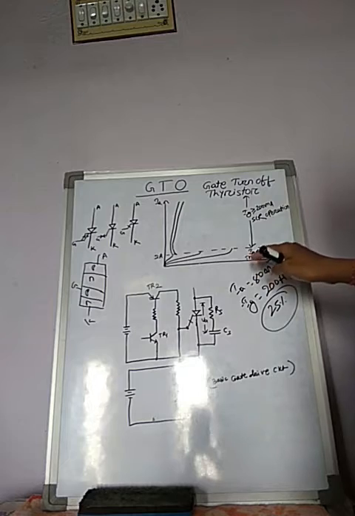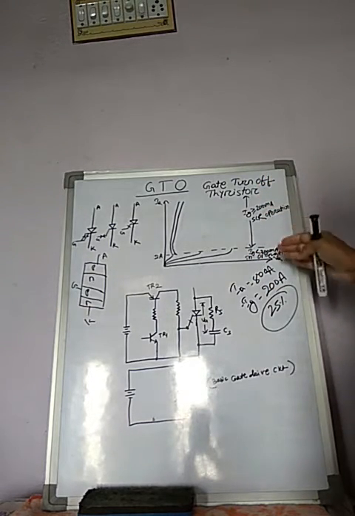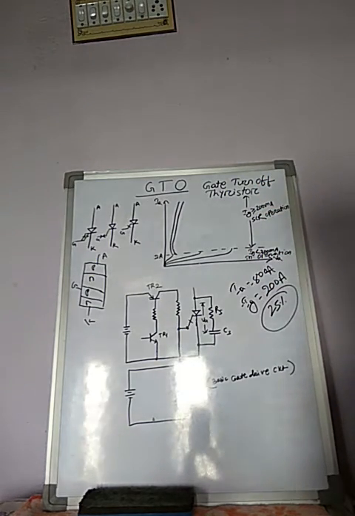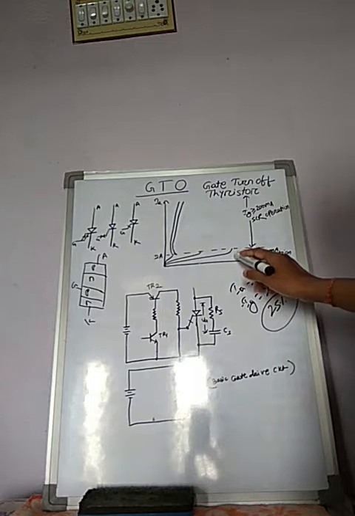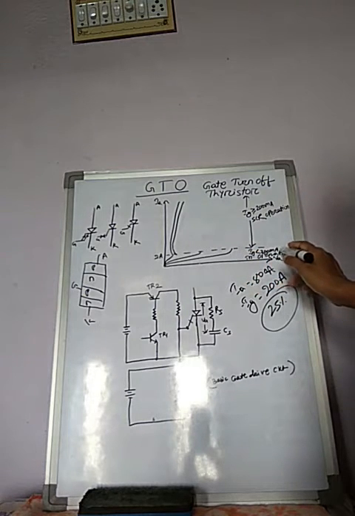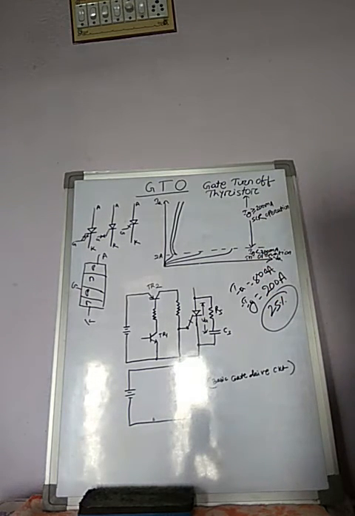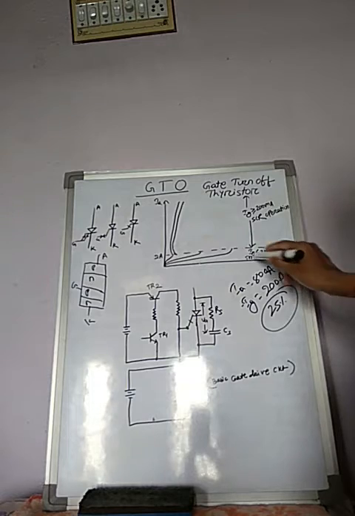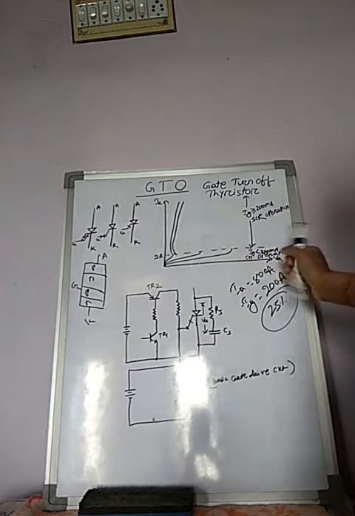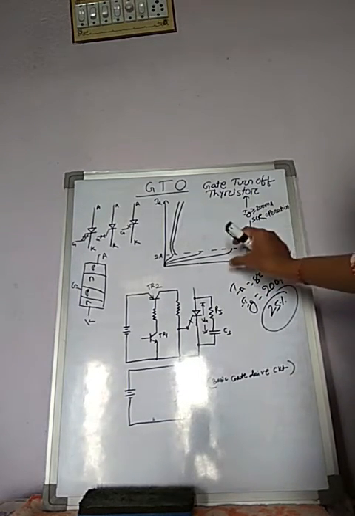So we take one average amount of latching current level or gate current level, that is 200 milliampere. So when Ig, gate current, is less than 200 milliampere, the device behaves like a high voltage low gain transistor. So under this level, this represents transistor operation.